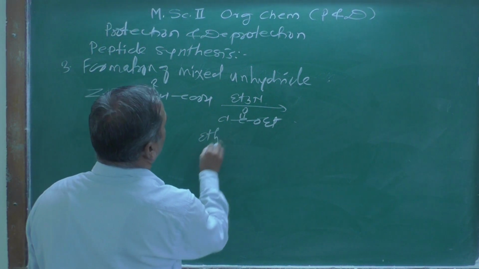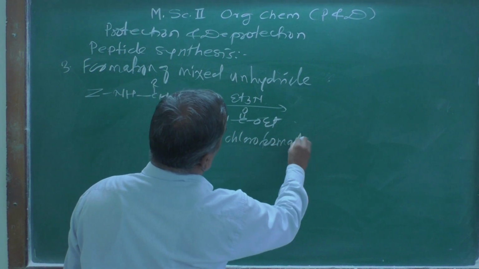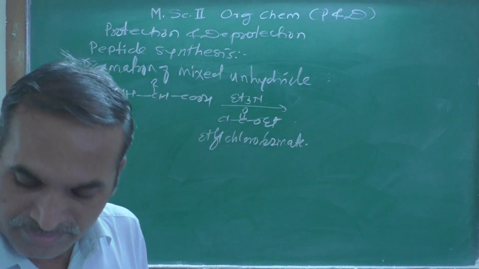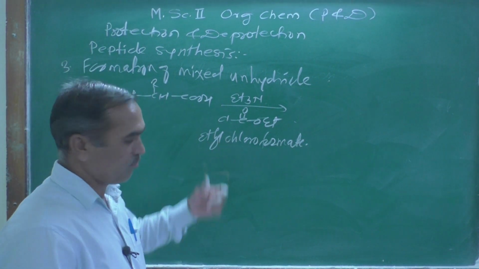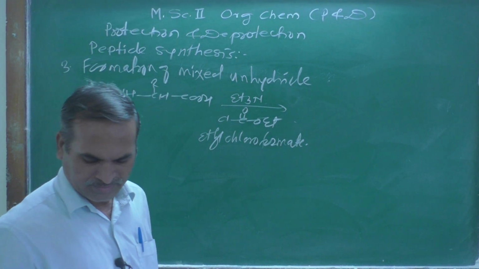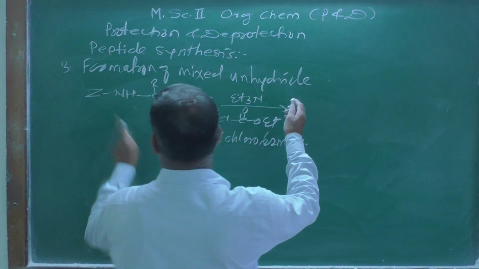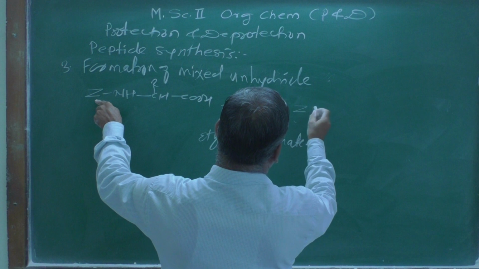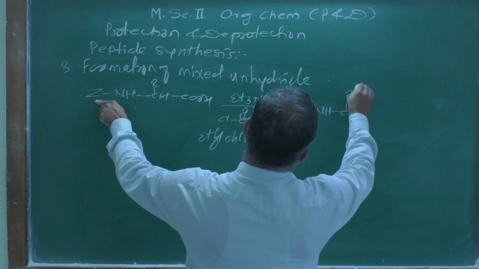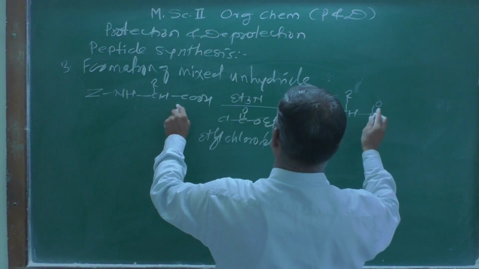When this ethyl chloroformate is treated with this protected amino acid, what do you get? It remains as it is: Z, then NH, CH, R, that R remains as it is, but here C double bond O.